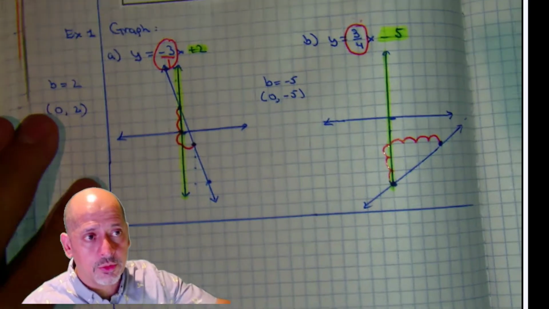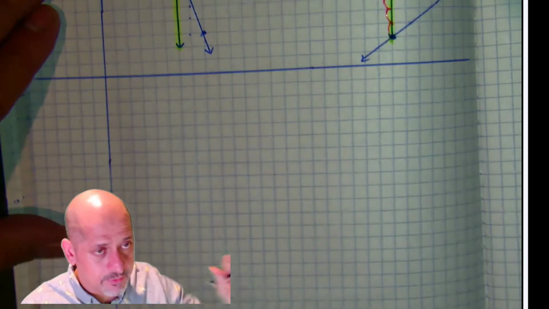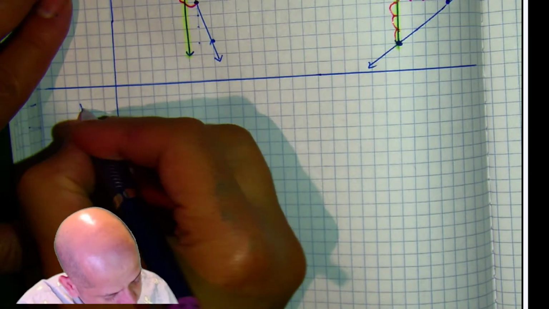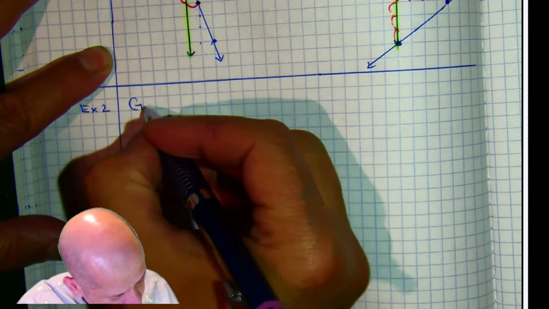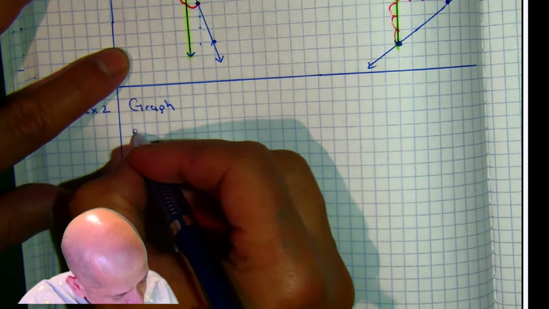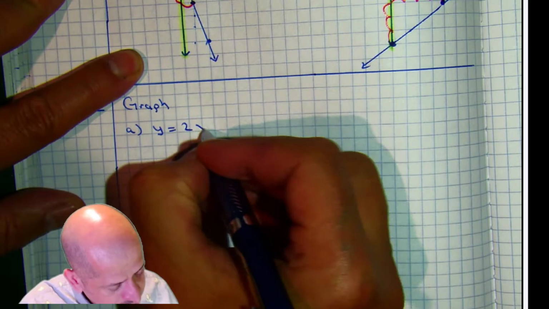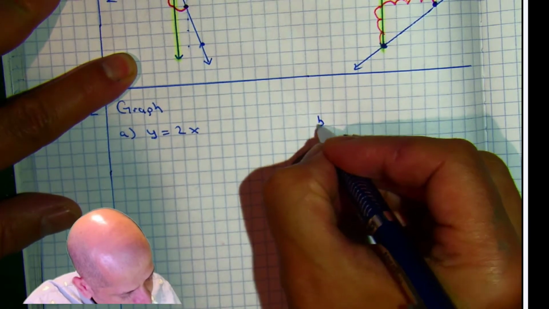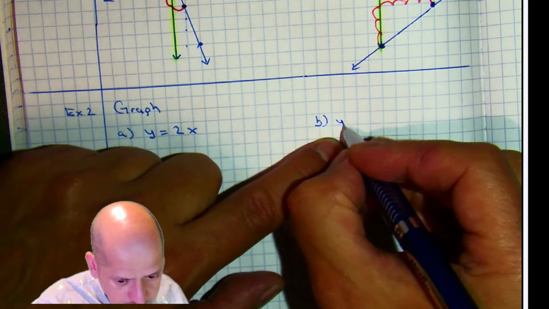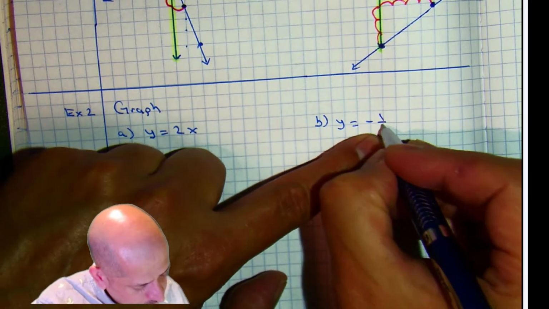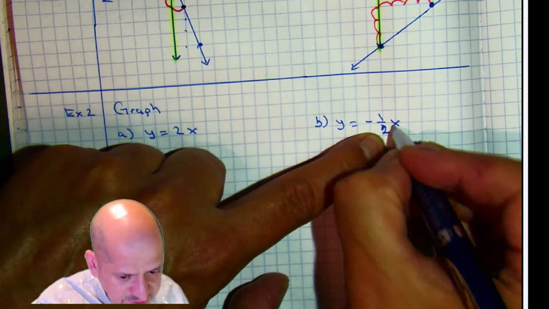Example number 2. Graph, once again, A and B. A will be y equals 2x, and B will be y equals negative 1 over 2 x plus 3.